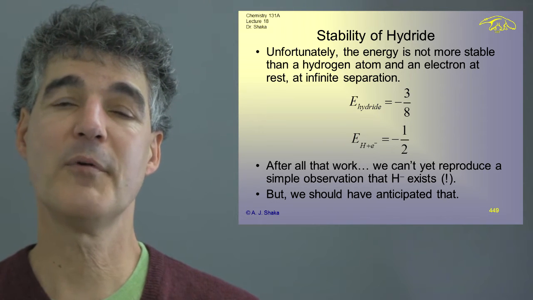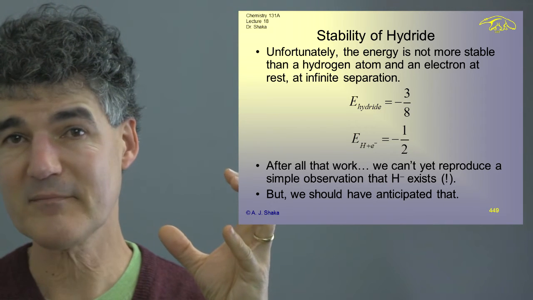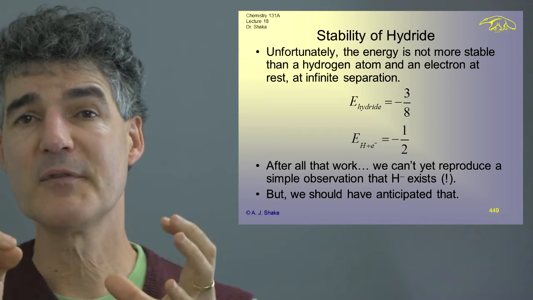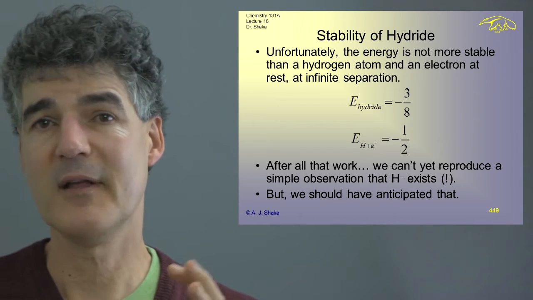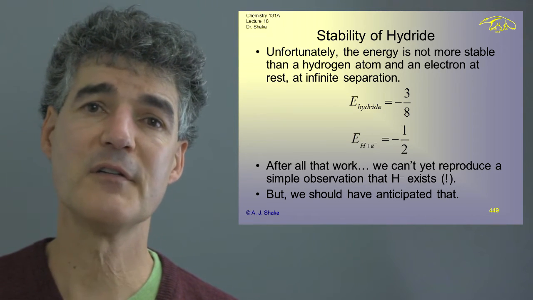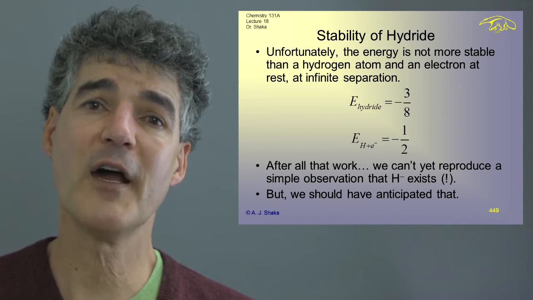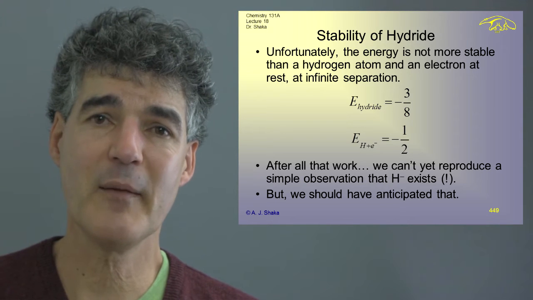And therefore what we're predicting is if we have a hydrogen atom and we bring an electron up, the energy becomes more unstable. In other words, it just kicks it back out. It ionizes it back out, and the repulsion force wins. And that would mean that hydride wouldn't exist.